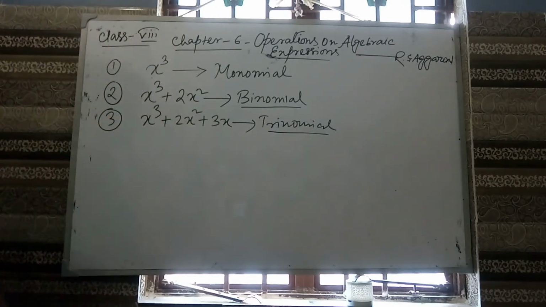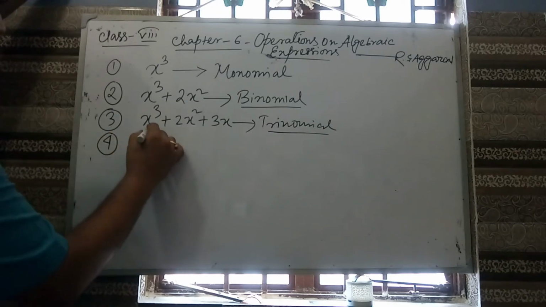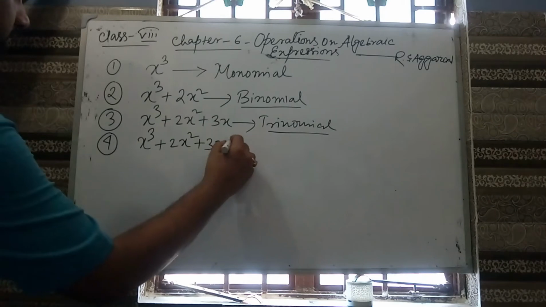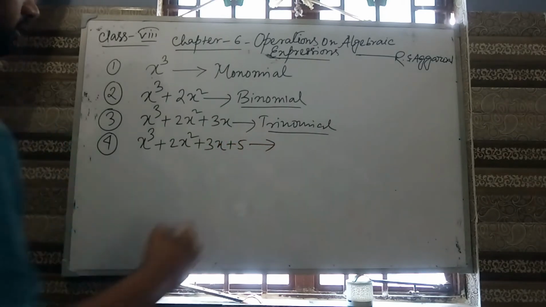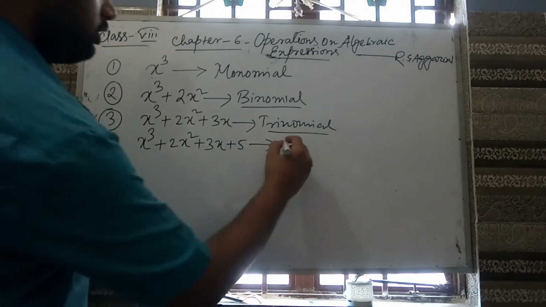Now, if we have more than 3 terms, that is x cube plus 2x square plus 3x plus 5, in general, we will call it a polynomial.